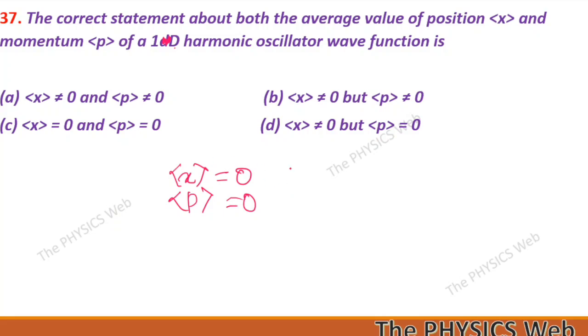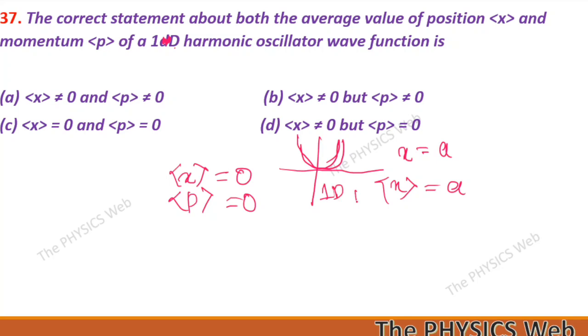You can remember that for a particle moving under a potential, if the potential is symmetric about the point x equals a, then the average position of x will be a. For the 1D harmonic oscillator, the potential is symmetric about x equals 0, so the average value of x will be 0. And remember, for every real wave function, the average of momentum will be 0.